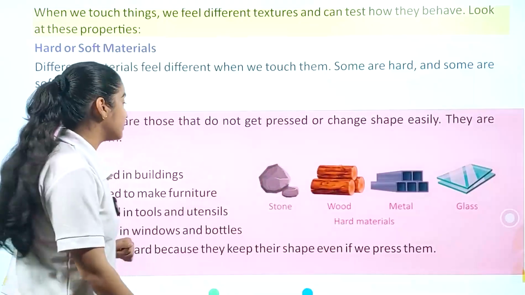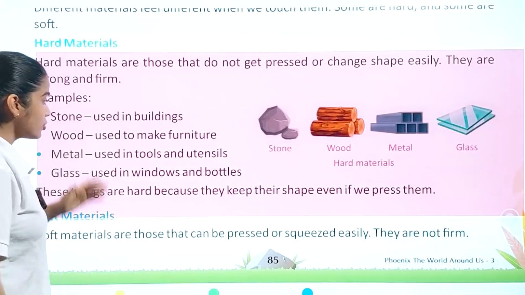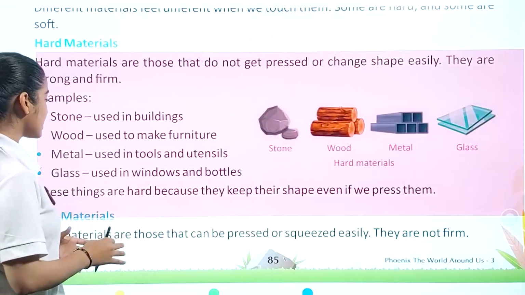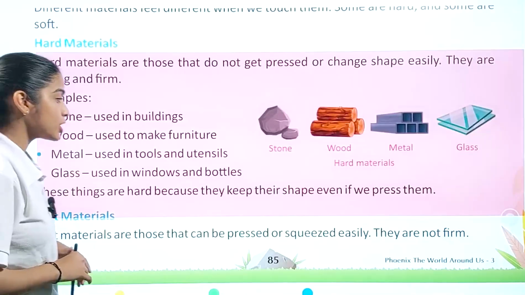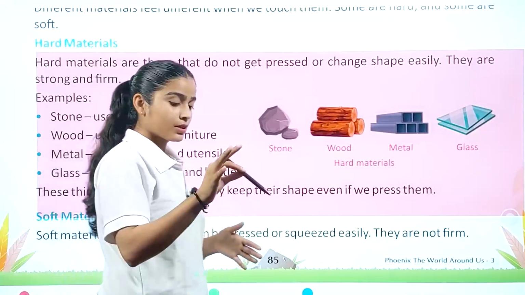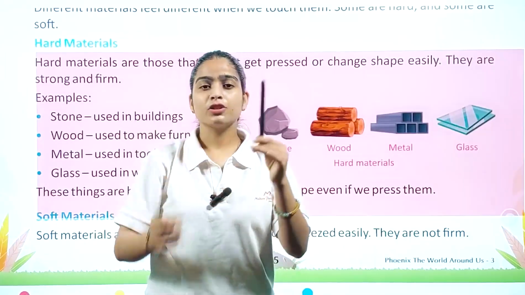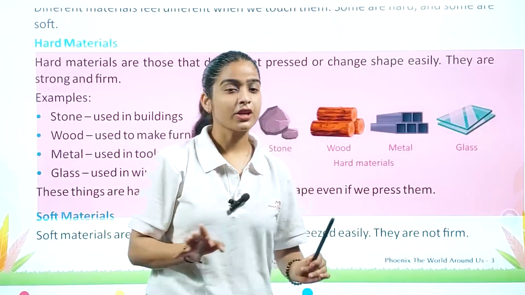Examples of hard things: stone used in buildings, wood used to make furniture, metal used in tools and utensils, glass used in windows and bottles. These things are hard because they keep their shape even if we press them. If I press this pen strongly, it cannot change its shape. It means it is hard in texture.